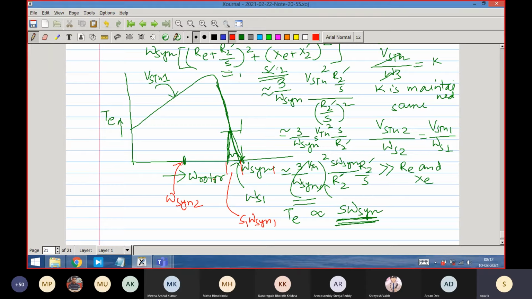Voltage is an imposed function. You are putting it on the terminal, you are not asking the machine whether it likes it or not. You are imposing the voltage and imposing the frequency. So the machine has to respond by developing the flux, right?